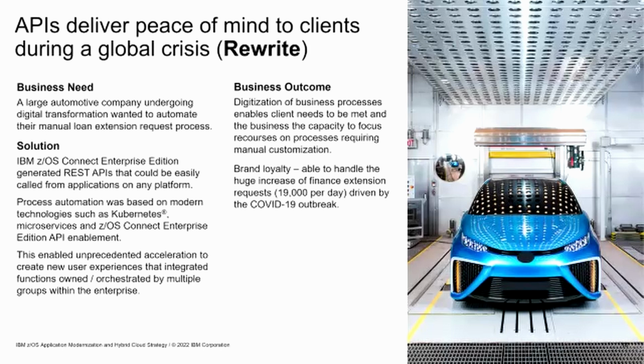The solution was built on z/OS Connect Enterprise Edition, generating REST APIs, which was the scenario talked about a bit earlier. And the process automation was based on modern technologies, Kubernetes microservices, and the z/OS Connect API enablement.